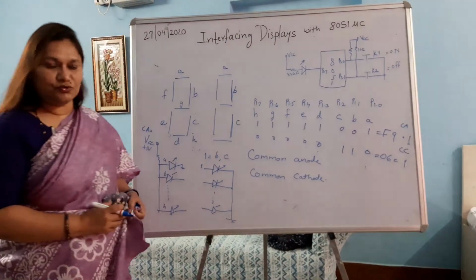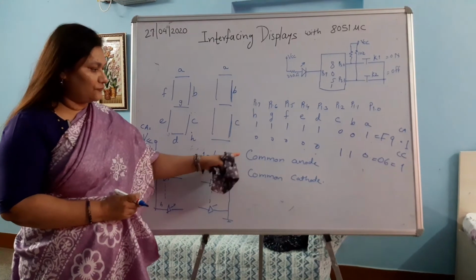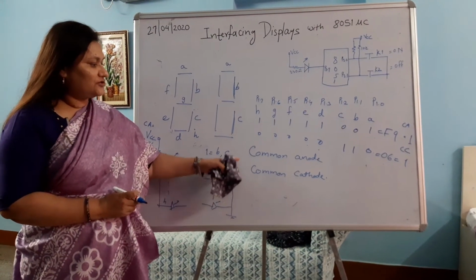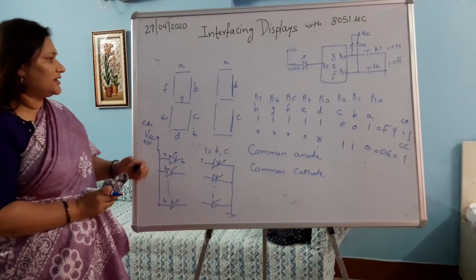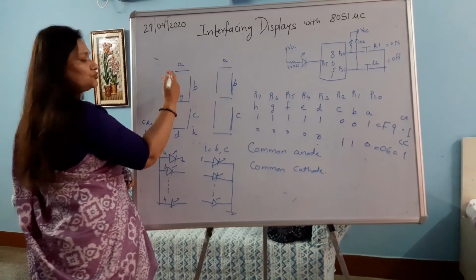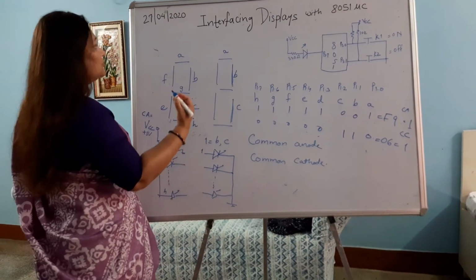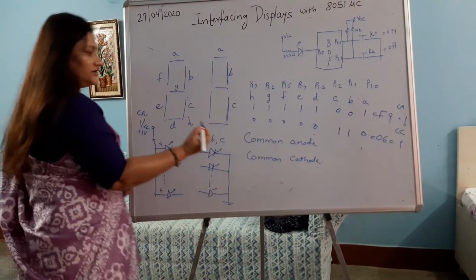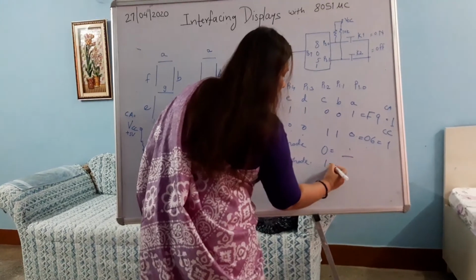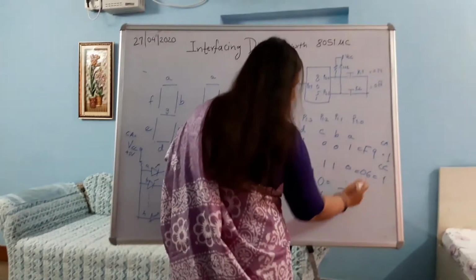So first you have to decide whether you are using common anode mode or common cathode mode, and once it is decided, you know that your digit will vary from 0 to 9. So you have to make patterns, which is called a lookup table. What will be the pattern for digit 0? What will be the byte for 1? Let's say for 1, if I am using common cathode, then it will be 06.